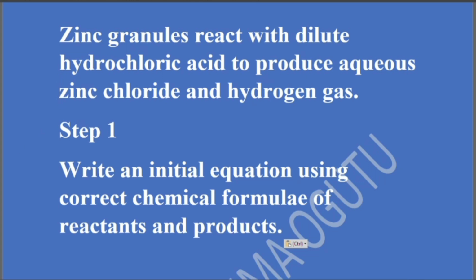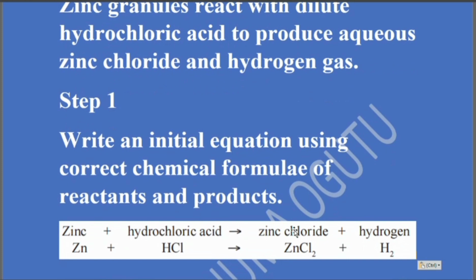The first step is to write an initial equation using correct chemical formulas of the reactants and products. Here we have our equation, where zinc reacting with hydrochloric acid gives zinc chloride and hydrogen.